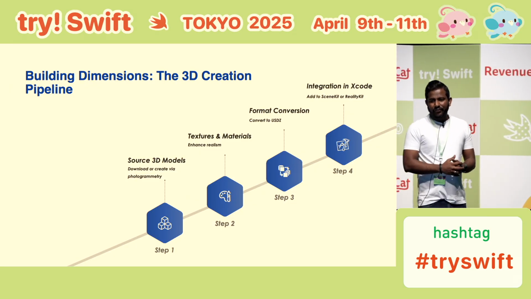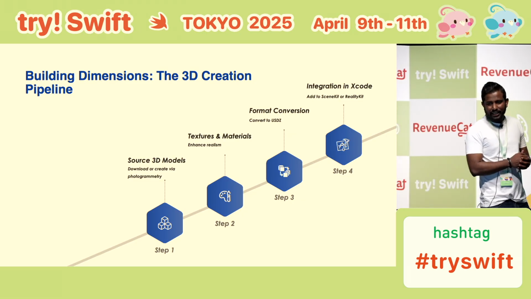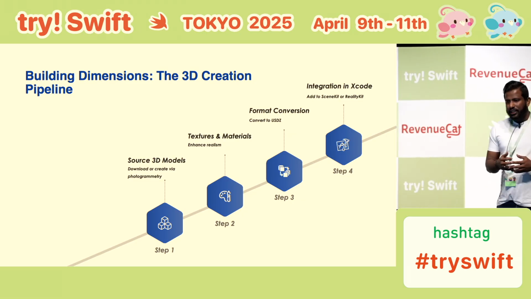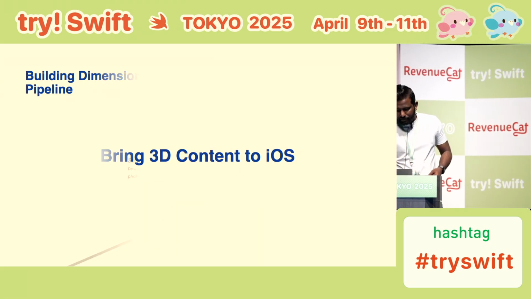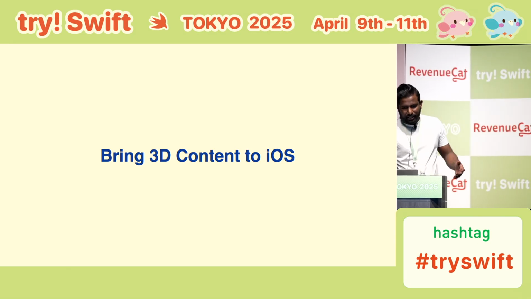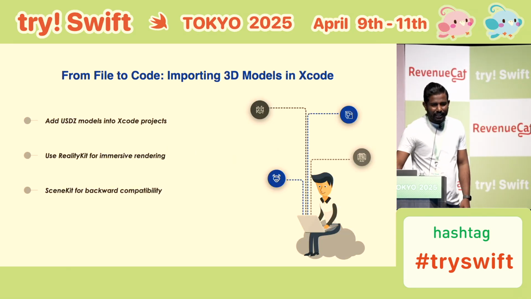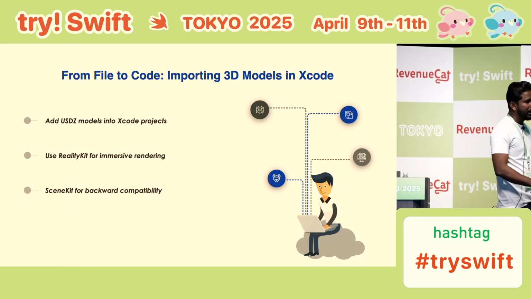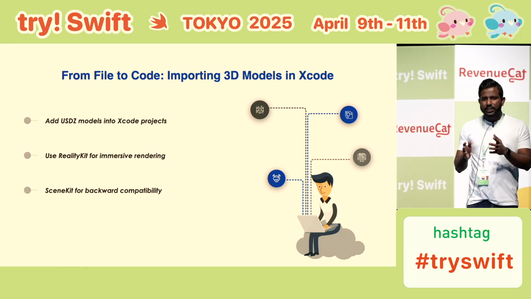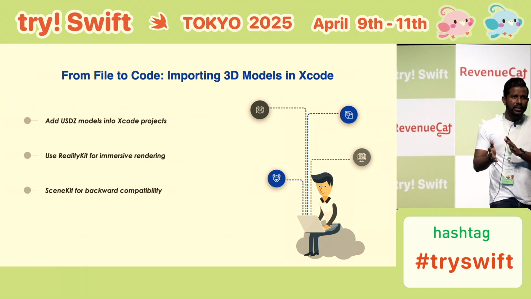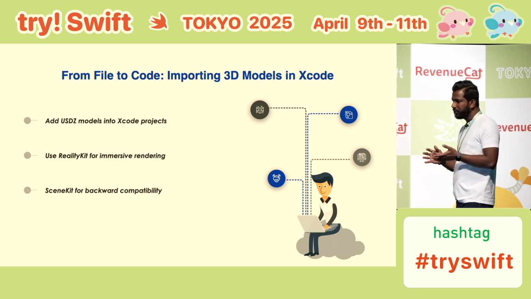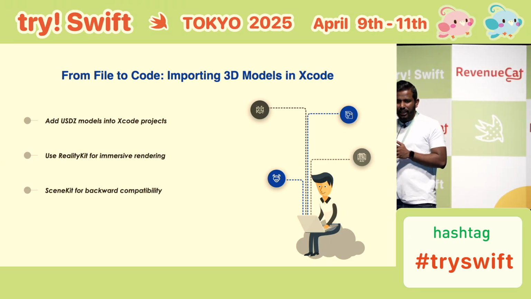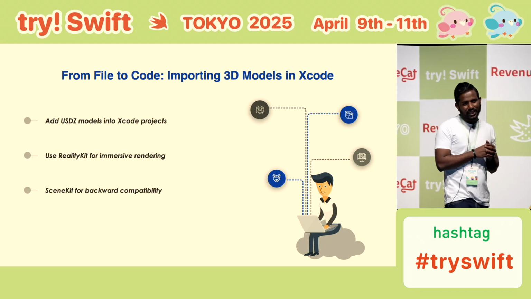And then we have to use either SceneKit or RealityKit. So SceneKit and RealityKit are important. Let's say when you're bringing it into iOS, RealityKit is the newest API Apple introduced, along with visionOS. But now with iOS 18, you can use the RealityKit API in iOS as well.